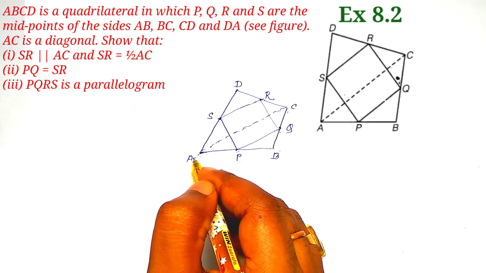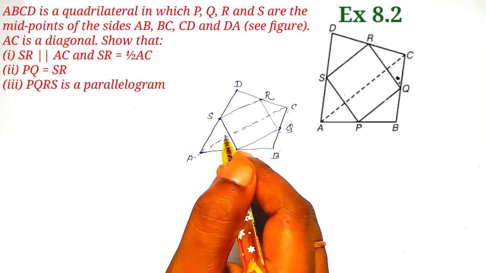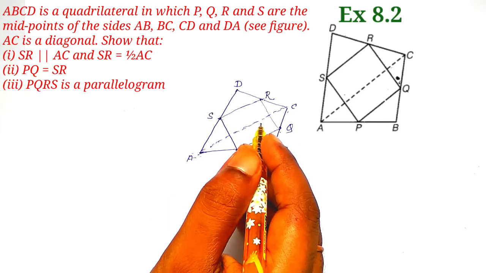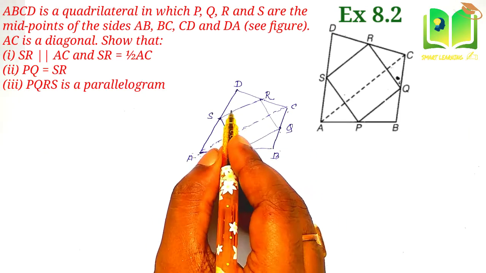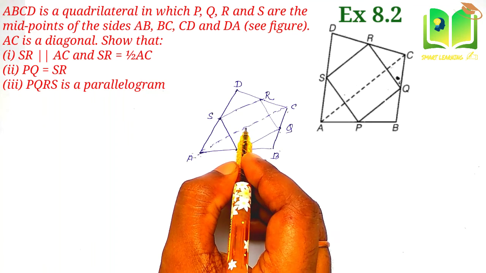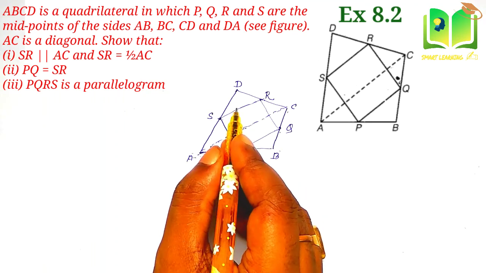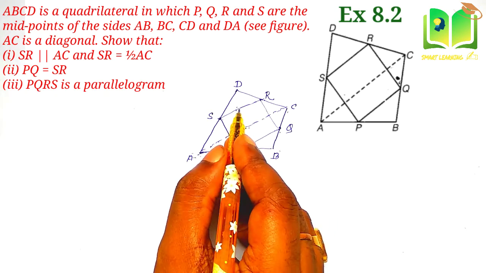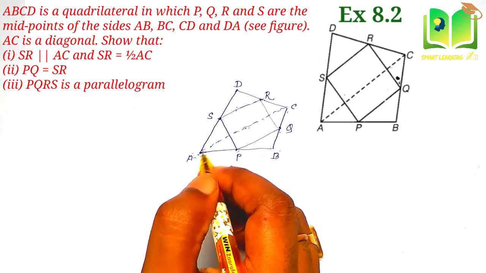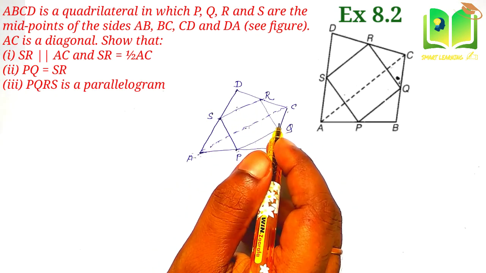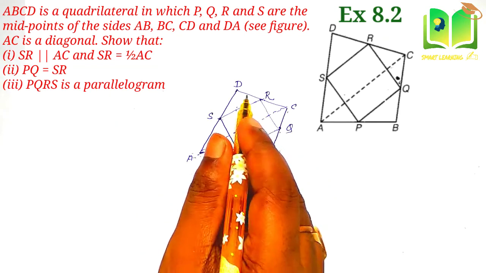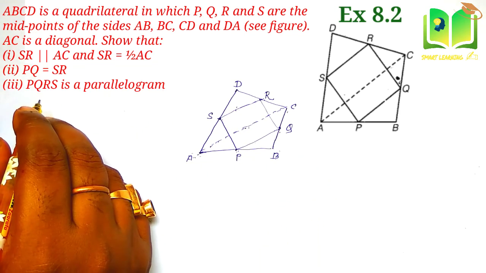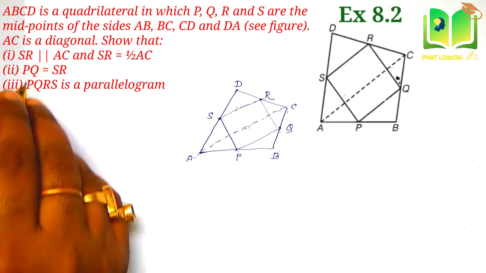And AC is the diagonal. We have to show SR parallel to AC, means this line parallel to this line, and SR is half of AC. Second, PQ parallel to SR, and third, PQRS is a parallelogram. So step by step we will do.